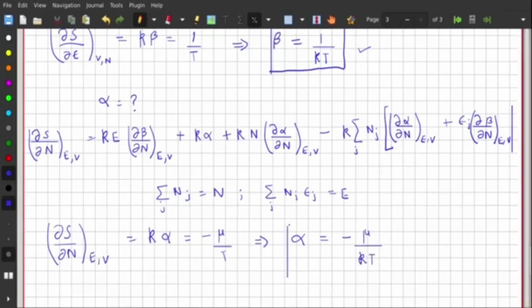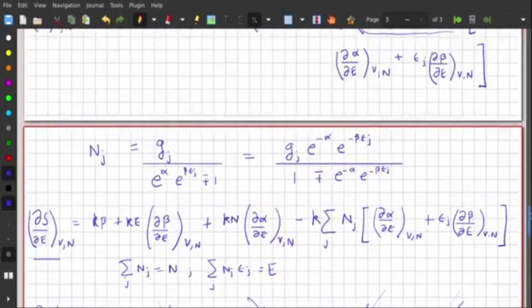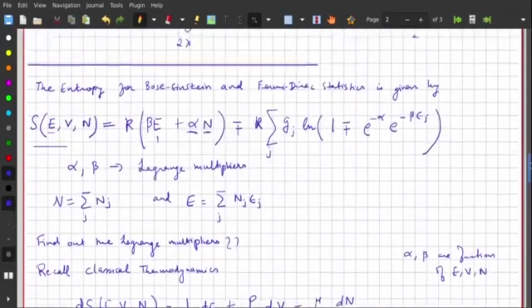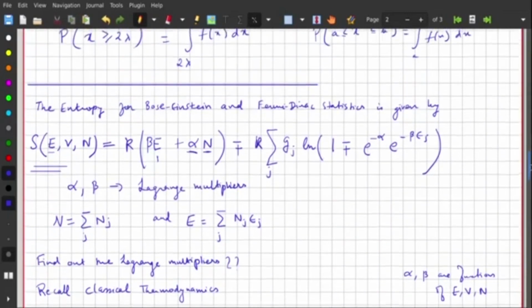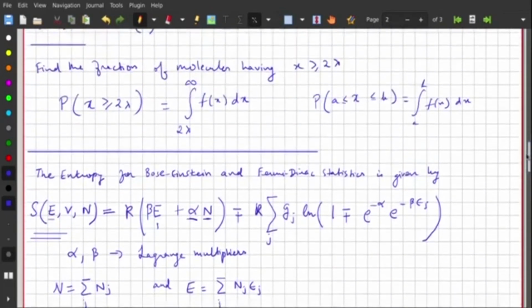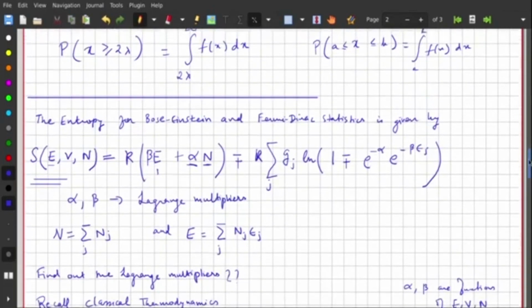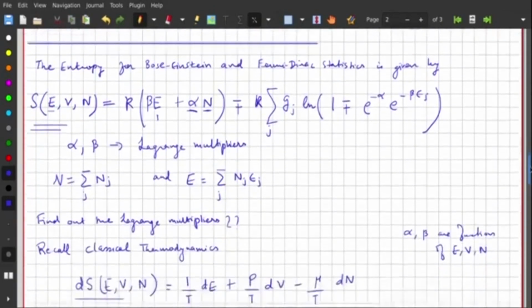So that's the generic method of finding the Lagrange multipliers in the case of Bose-Einstein and Fermi-Dirac statistics, given that we started with the entropy. This could be done, by the way, for any other macroscopic thermodynamic variable, for example the Helmholtz function, the internal energy, or the Gibbs free energy.